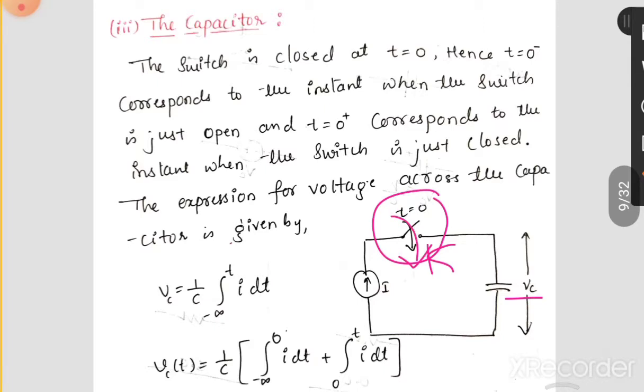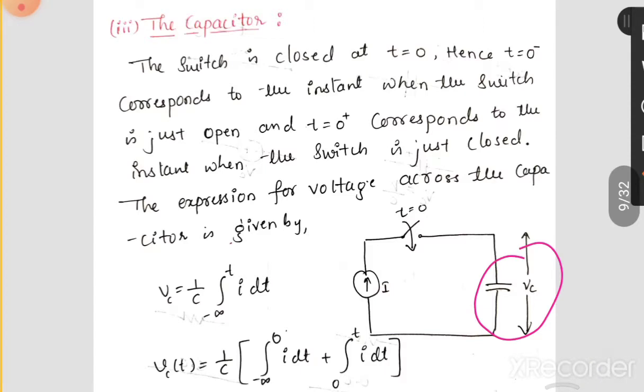Initially it was open, so just before the closing of this switch it will be 0 minus, and after closing it is immediately 0 plus. We'll find out the capacitor voltage, how it will be.